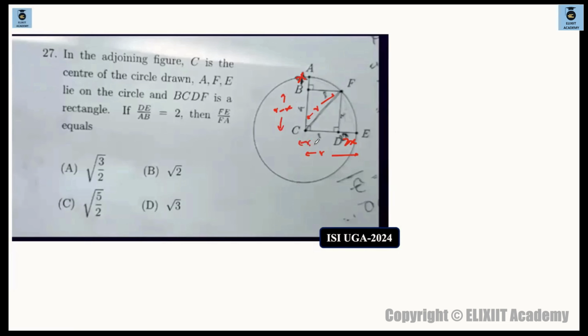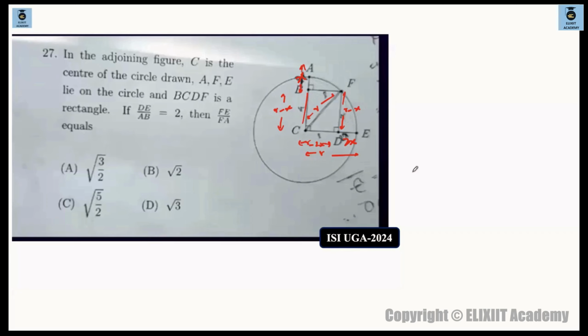This part is R minus 2x. If this is R minus x, this part is also R minus x. This is x, and this is R minus x.